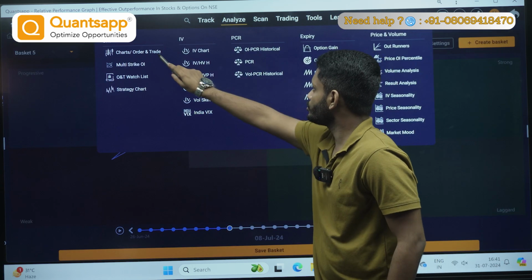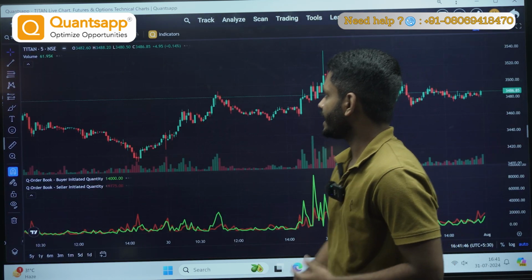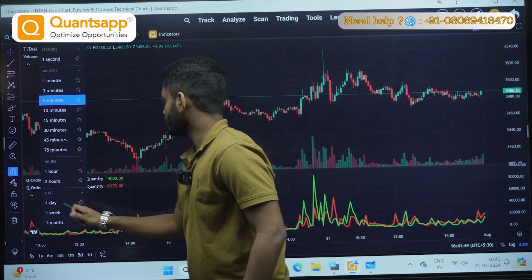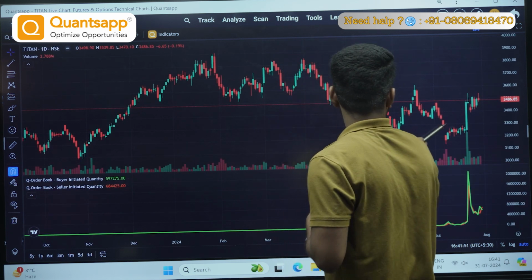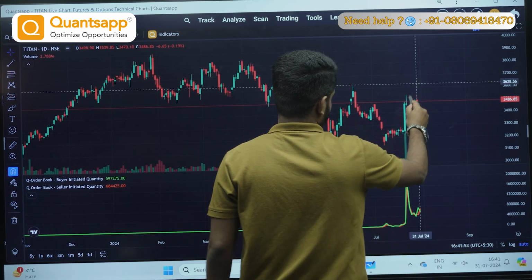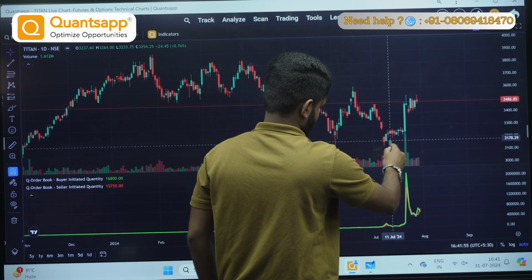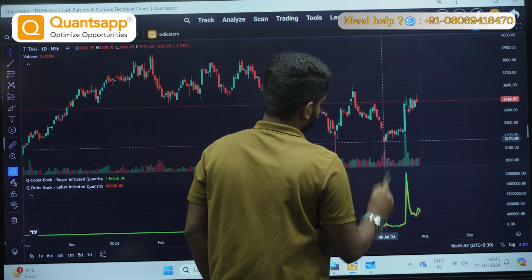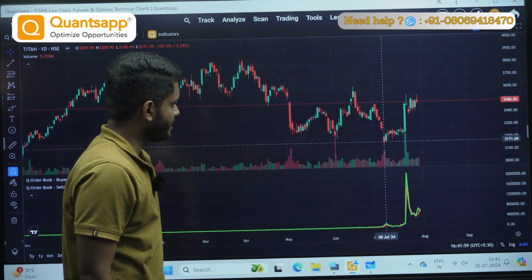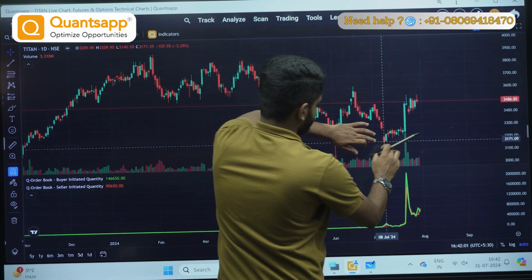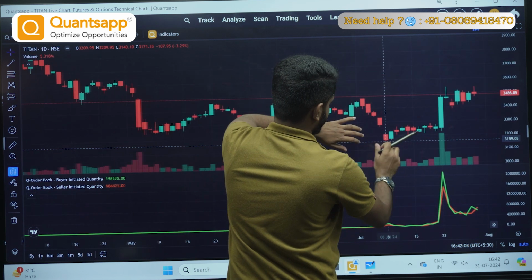Now let me go to the chart and check out Titan on 8th July. See, this is 8th July. Can you see? Let me zoom it for you. Check this candle.